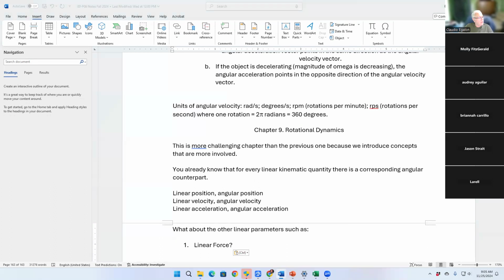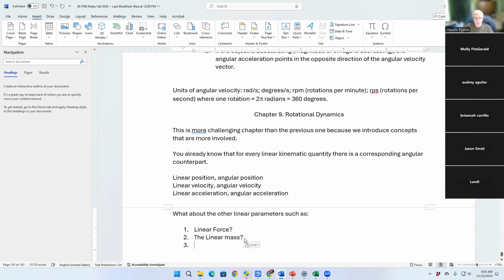What about the linear mass? What about Newton's first and second laws?